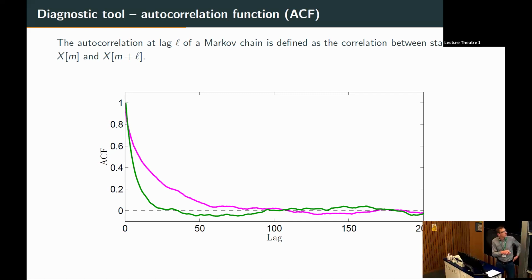So this is a function that starts at 1, because at lag 0 it's fully correlated, and then it typically drops to 0 like this. And the integrated autocorrelation time would be the area under this curve. So we want that to be as small as possible. If you haven't seen this before, that's essentially what you need to take with you: whenever you see an autocorrelation plot like this, the more rapidly it drops towards 0, the better.